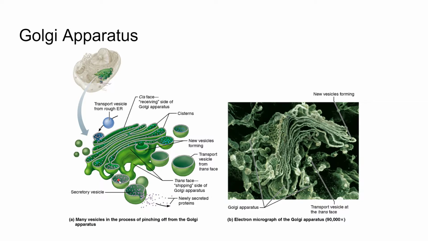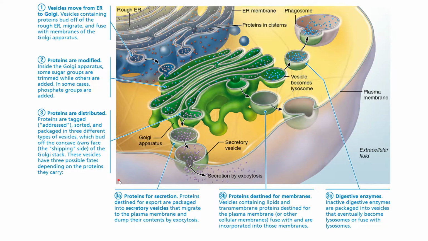All right. This whole thing, the rough ER, Golgi apparatus, and vesicle, all of that is typically referred to as the endomembrane system. We're not going to get into a whole lot of depth with that, but I think it is important to understand that these things are working together to produce proteins that are going to be leaving the cell, and that is their main function.